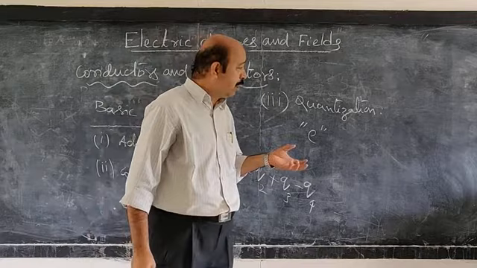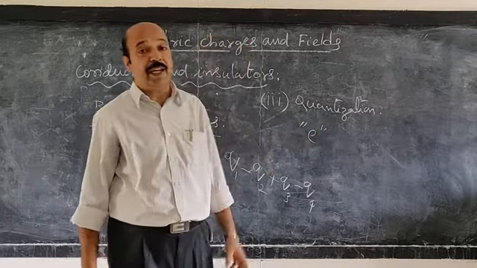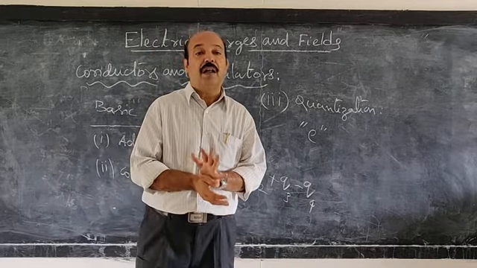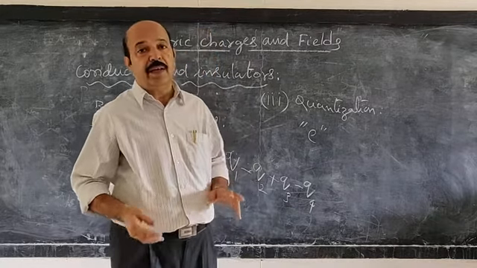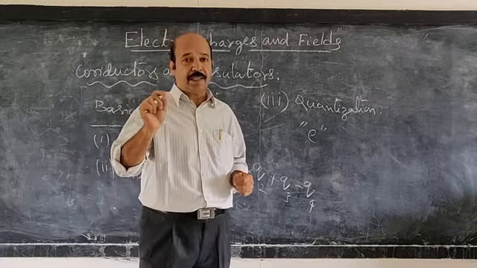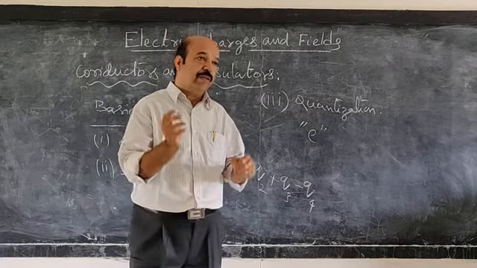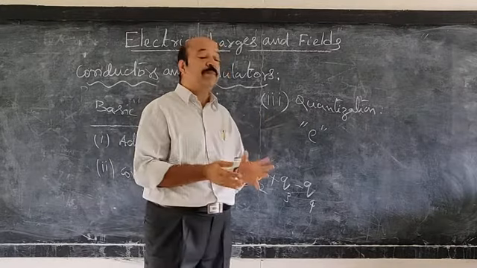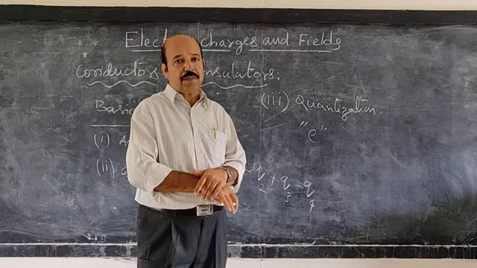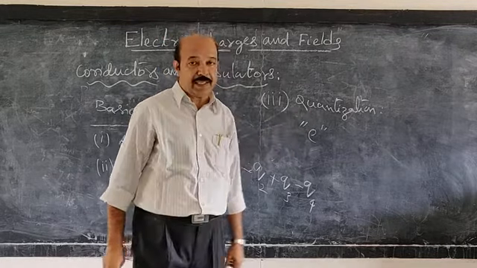The quantization of electric charge was first observed in the laws given by Faraday in his electrolysis experiment. In the laws of electrolysis, according to Faraday, it was observed that electrical charges have some fixed values. That is what we call quantization.